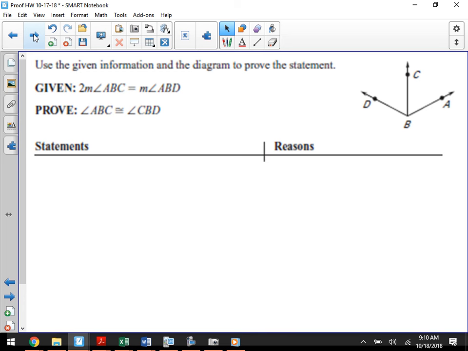So using the information, we have twice the measure of angle ABC equals angle ABD. Prove angle ABC is congruent to angle CBD. What does twice the measure of angle ABC mean?